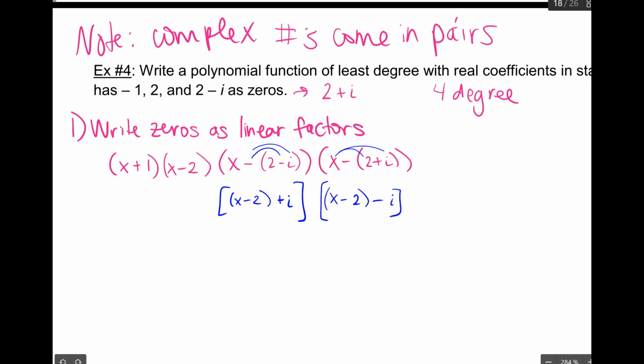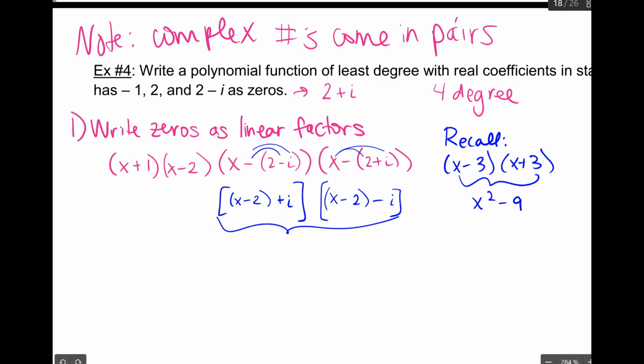So what I want you to recall is, because this is not easy to solve, recall x minus 3 and x plus 3 goes to x squared minus 9. So this is going to go to x minus 2 squared minus i squared.